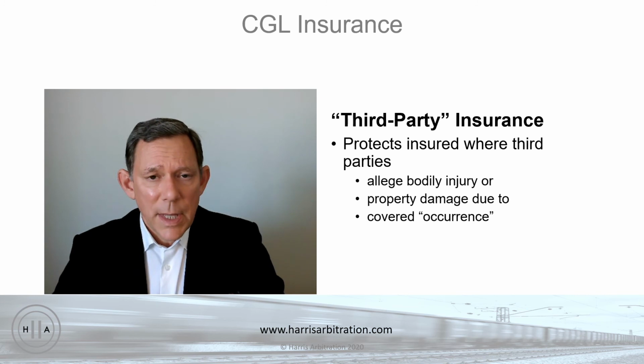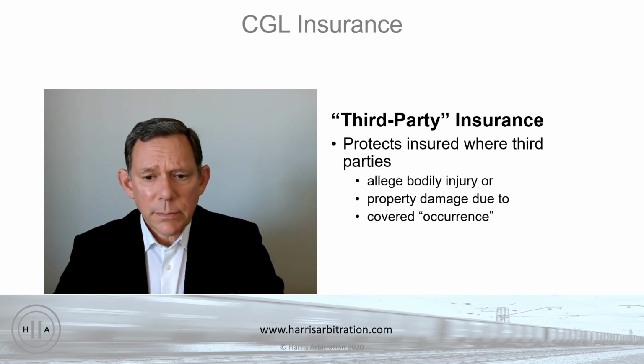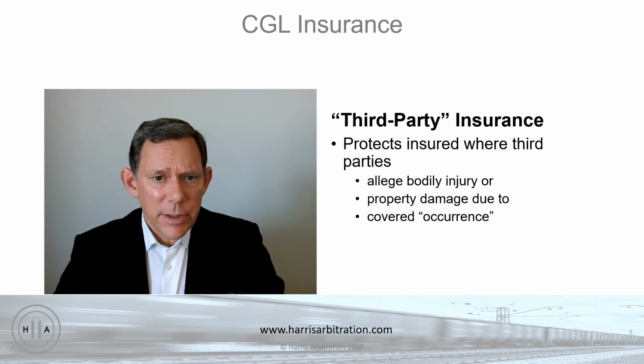That is to say, where the insurance is designed to protect the insured from claims by third parties, that is, strangers to the insurance contract itself, where the third parties allege some sort of bodily injury or property damage that's due to a covered, quote, occurrence. Now, we'll unpack that a little bit, but the basic concept behind an occurrence is, when you see occurrence, think accident.